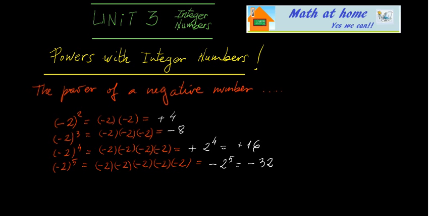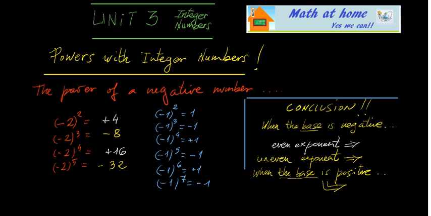Can you draw a conclusion from here? Let's see. We have learned that the square of negative 2 is positive 4, the cube of negative 2 is negative 8, negative 2 to the power of 4 is positive 16, and then it is negative.